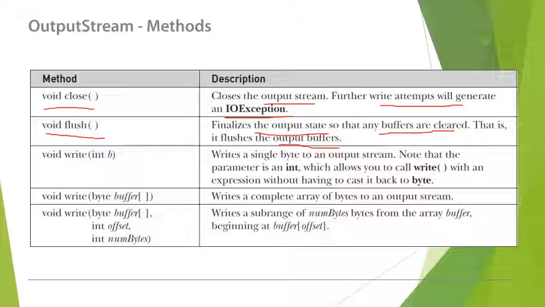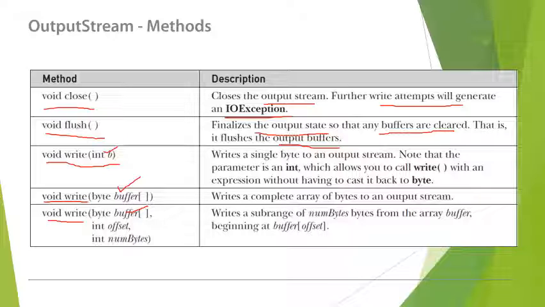Similarly, as we have seen in the input stream classes, where we have different types of read methods, in the output stream we have different types of write methods. Only our arguments will be different.